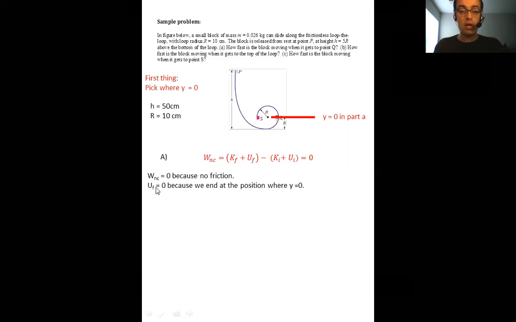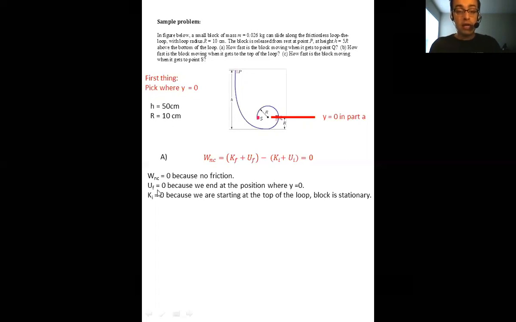We know that U sub F, or the final potential energy, equals 0 because we're ending at the position where y equals 0. We have defined our system such that U sub F equals 0 at the point where we want to evaluate the block's speed.